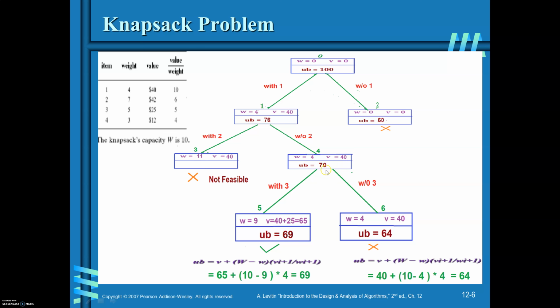And as usual, when you don't consider the third item into the sack, the total weight is 4 and value remains the same as whatever you had in the previous level.